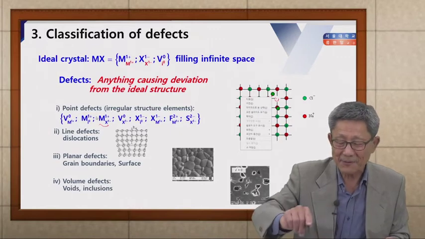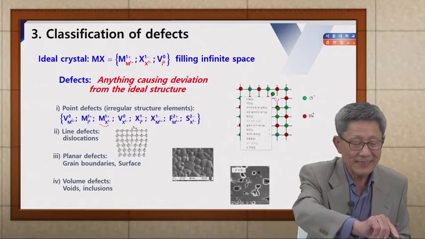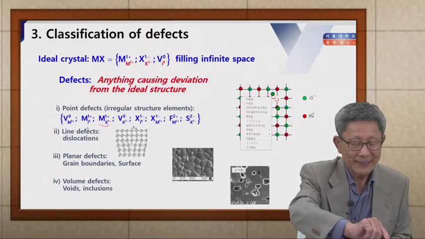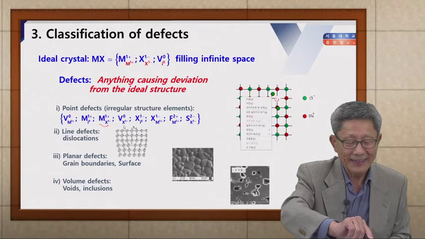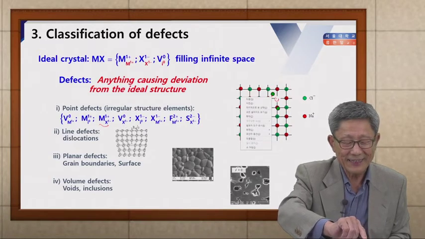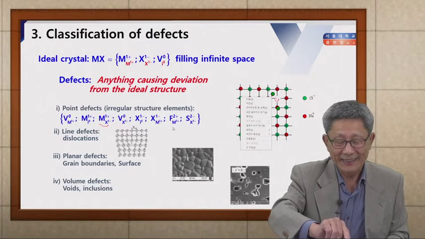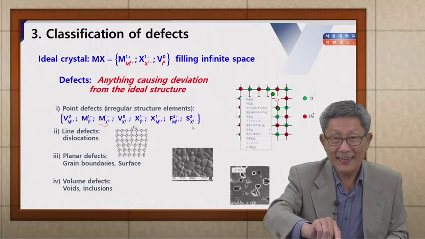These defects take place on each lattice point. So these are called point defects. So: missing cation, interstitial cation, misplaced cation, missing anion, interstitial anion, misplaced anion, impurity replacing cation, and impurity replacing anion.